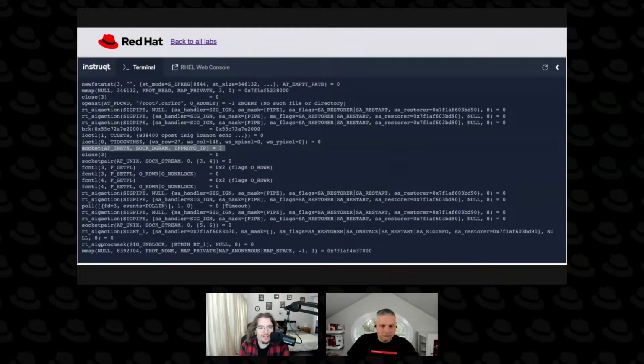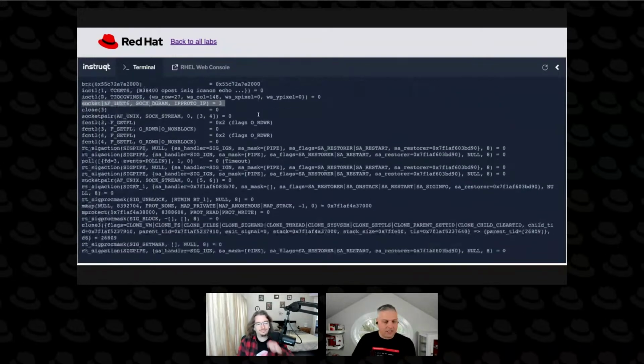I see networking things I recognize. Yes, that's exactly right. We were doing file things, and now we're switching gears and doing some networking things, because sockets are a way that we communicate via network connections.